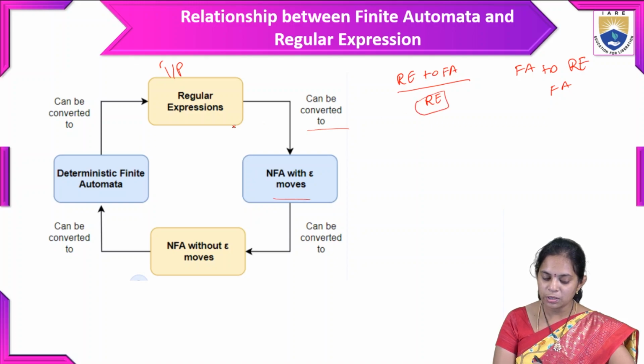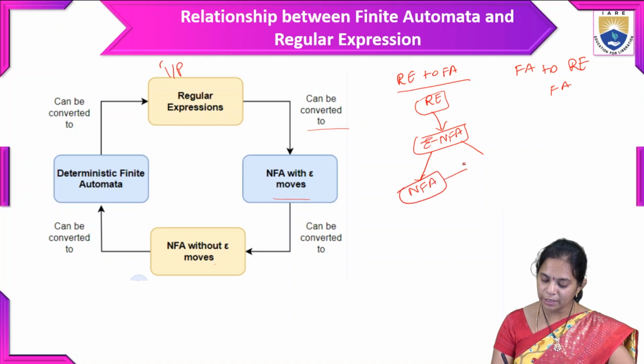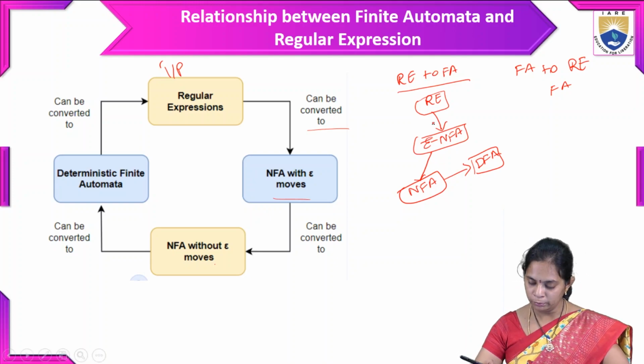This regular expression can be converted into an epsilon NFA first, and then we will convert this into an NFA without epsilon moves, and this NFA we can convert to a DFA. So this is the regular expression to finite automata.